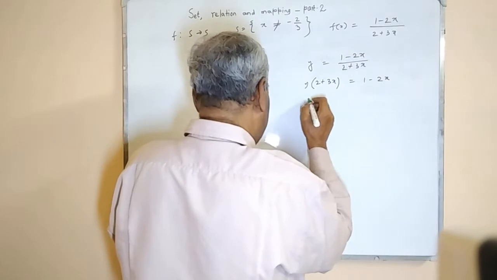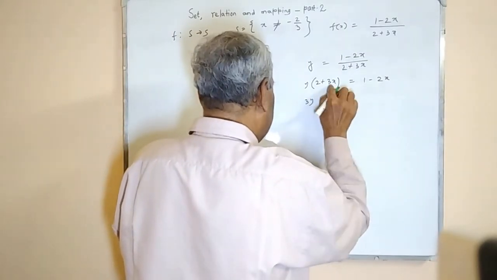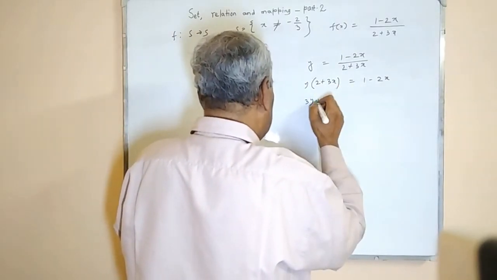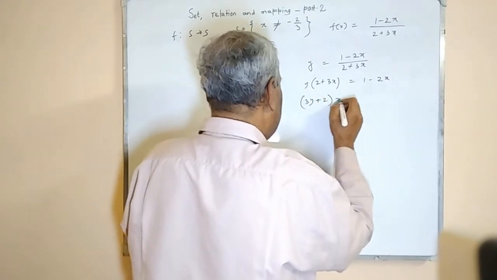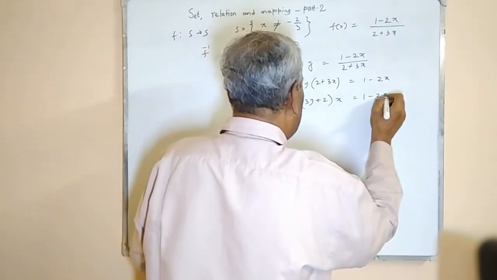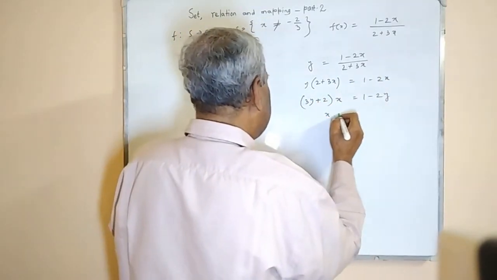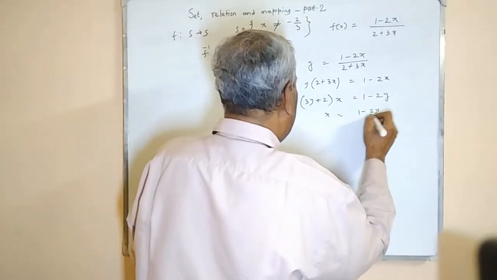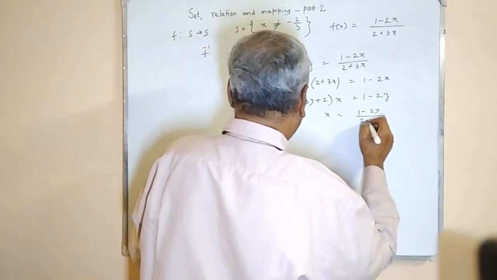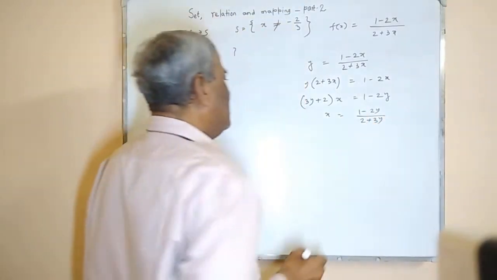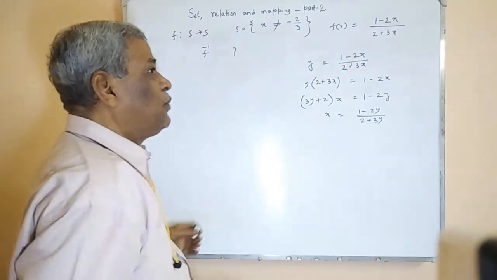So we get 3yx + 2x = 1 - 2y, that is x = (1 - 2y)/(2 + 3y). This is x in terms of y.